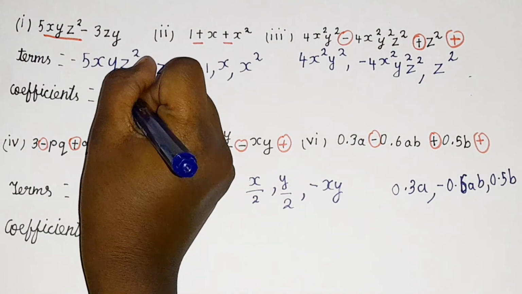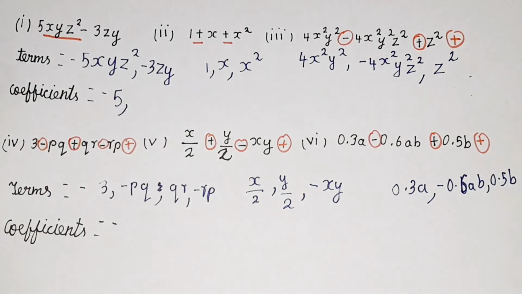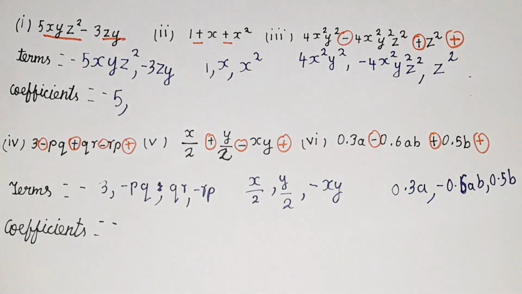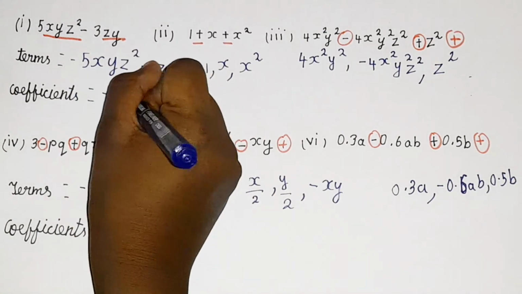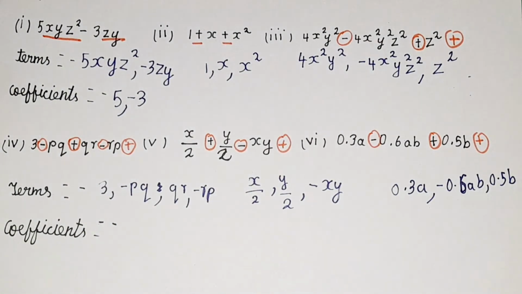So 5 is the coefficient for xyz square. So next in the second term we have zy, am I right? So before this what number we have? Minus 3. So this is the coefficient for z and y, okay.